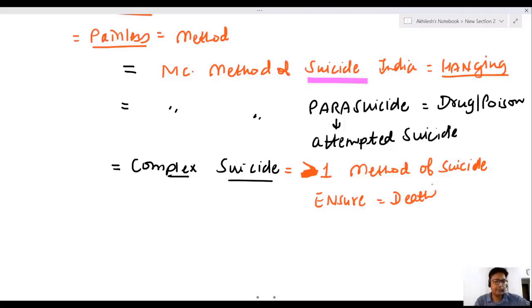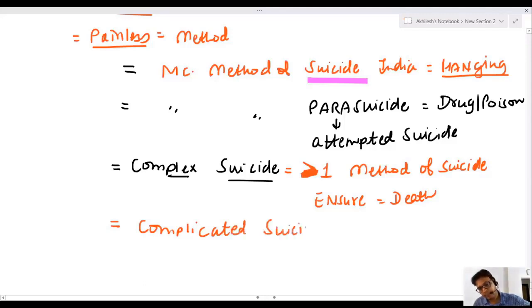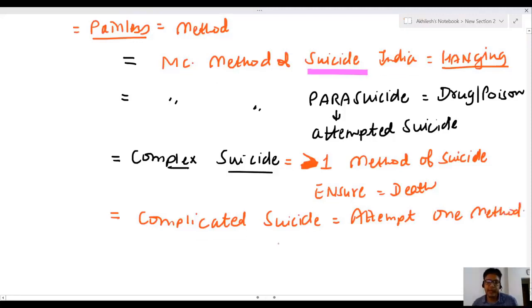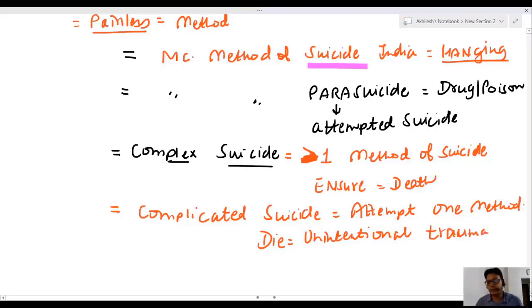This is complex suicide. And what is complicated suicide? You attempt one method, but you die due to unintentional trauma. This is complicated suicide.